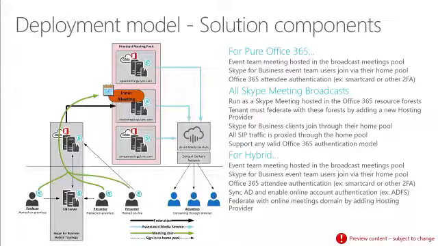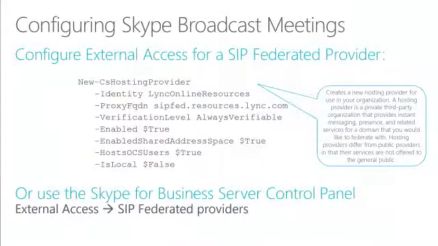The way it's set up is it is a federated content provider to our on-premises or our own Office 365 tenant. If you configure it, and that's basically what was illustrated in the drawing before, it's all about a hosting provider.